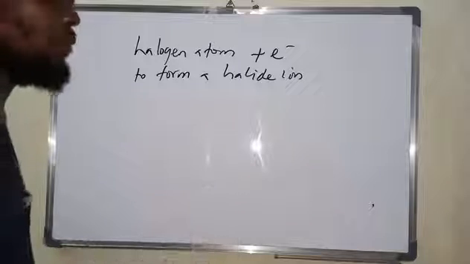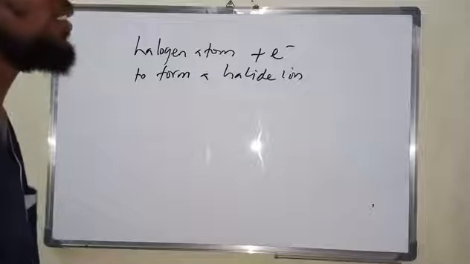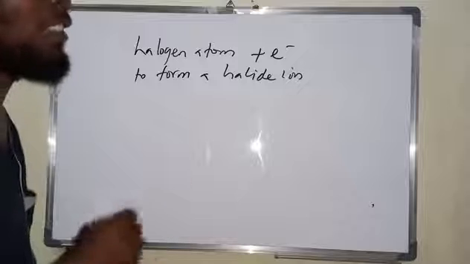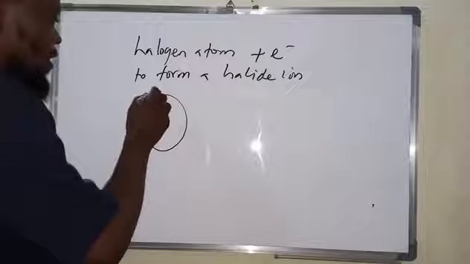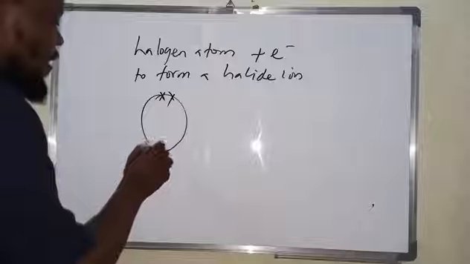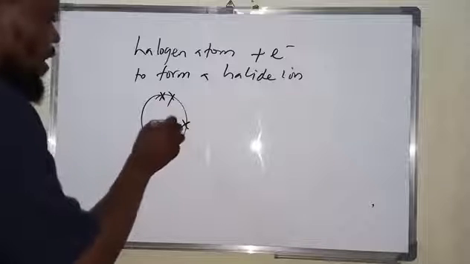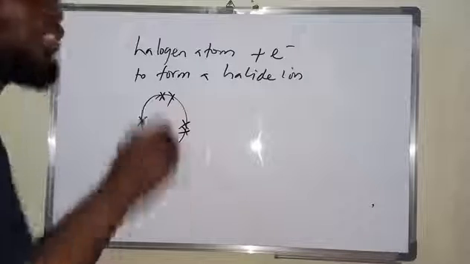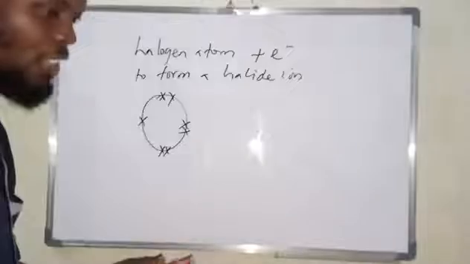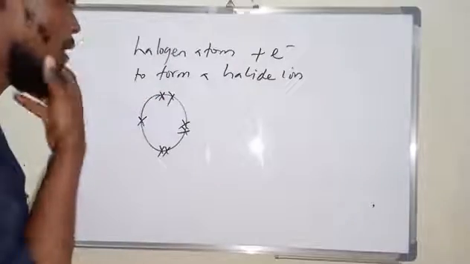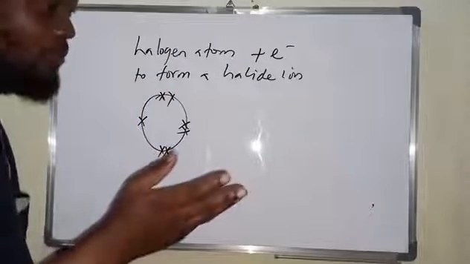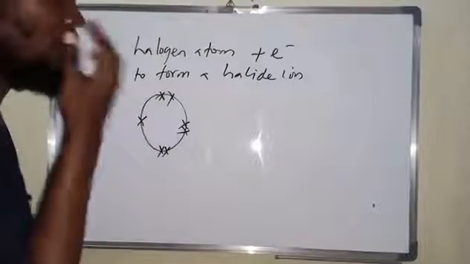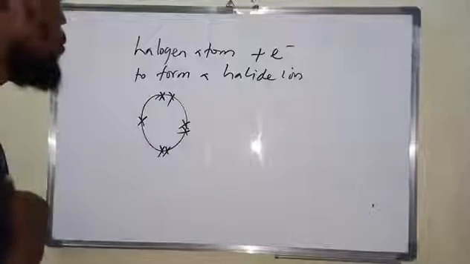So a halogen is a group 7 element, and as a result, it has 7 electrons in its outer shell. Understand? It has 7 electrons in its outer shell as a group 7 element. So every group 7 element is expected to have 7 electrons in its last shell.